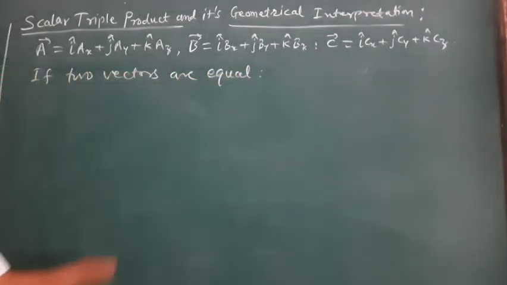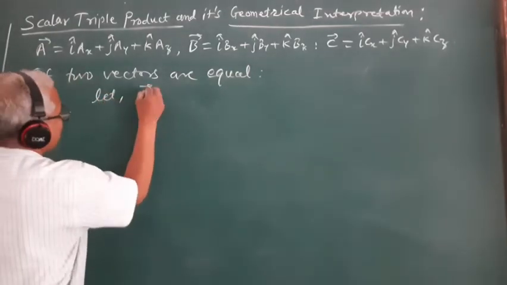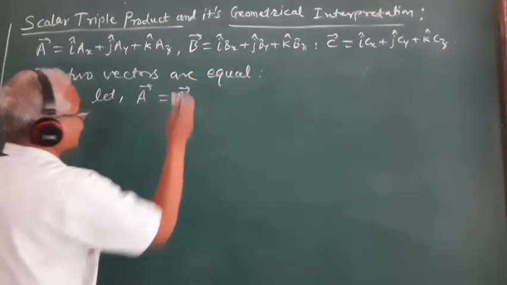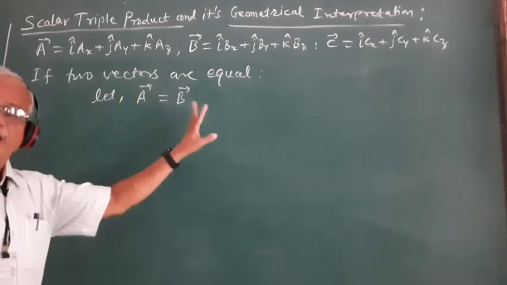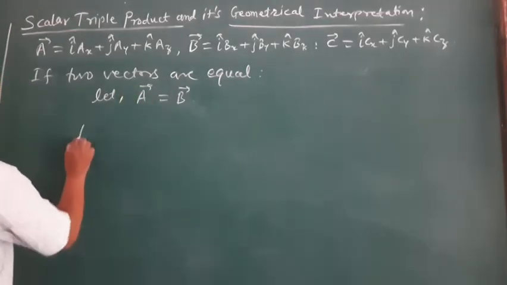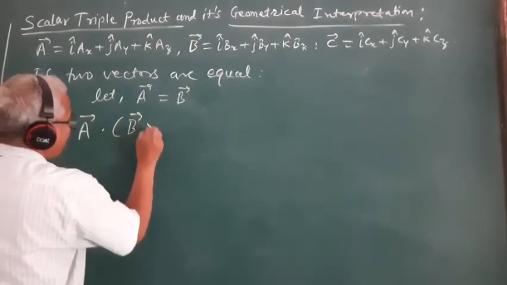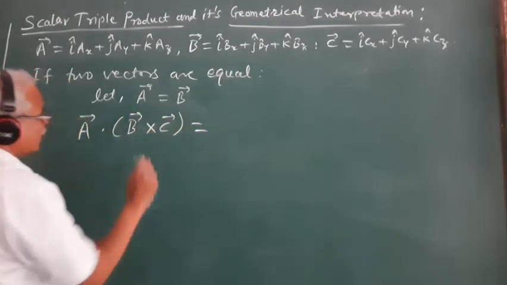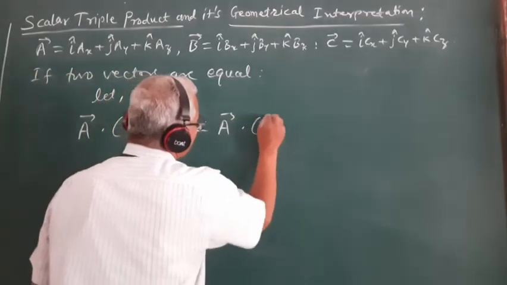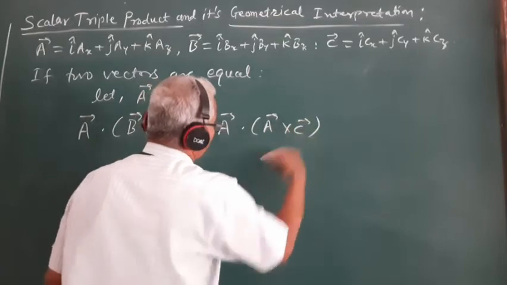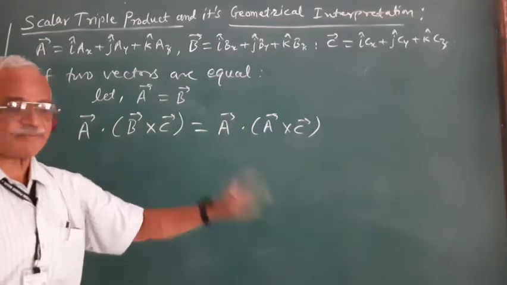For the sake of simplicity, consider that the vectors A bar and B bar are equal. Then the scalar product of A bar, B bar and C bar will become A bar dot A bar cross C bar, because B bar is replaced by A bar.